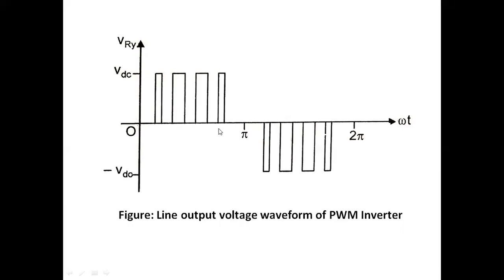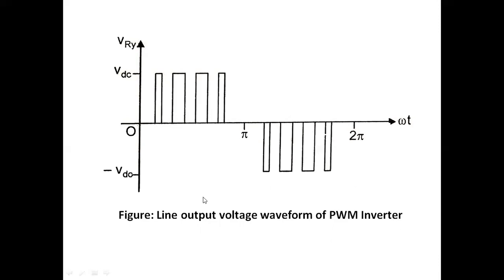For the next average output voltage, if you want to vary the voltage, you change the width of these pulses based on the pulse width modulation index, right? Once the modulation index is changed, automatically the width of the pulses changes and the average output voltage changes. So you can have variable output voltage from this, and variable frequency also you can get.